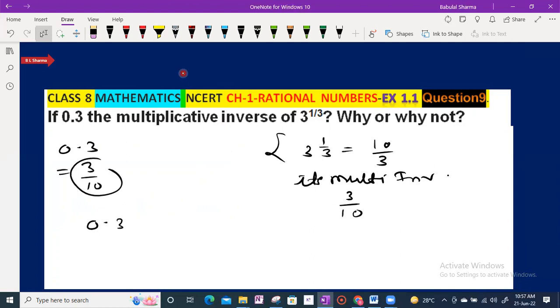So 0.3 is equal to the multiplicative inverse of this number. So this is true. Yes, 0.3 is the multiplicative inverse of 3 whole 1 by 3. So we write yes.